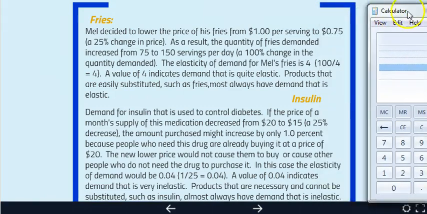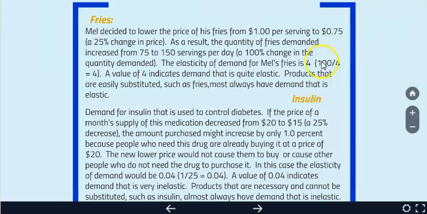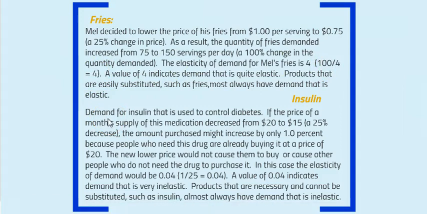The elasticity of demand is 4, which is 100% divided by 25%. This is actually incorrect on the slide, I'll have to change that later. So it's 100 divided by 25, which is 4. A value of 4 indicates demand is quite elastic. Products that are easily substituted, such as fries, almost always have demand that is elastic.